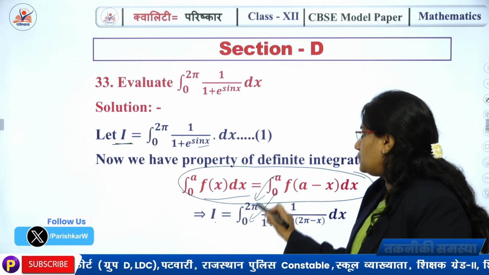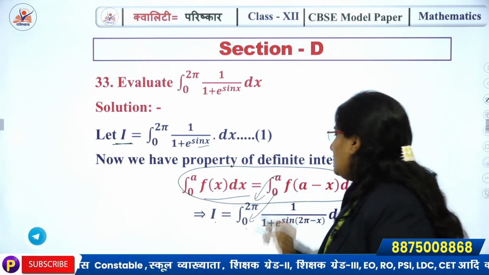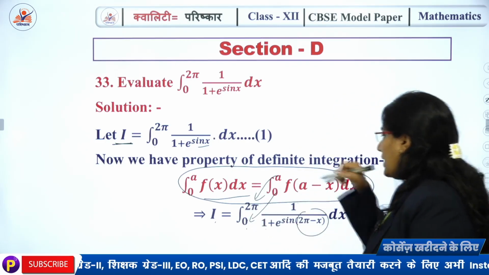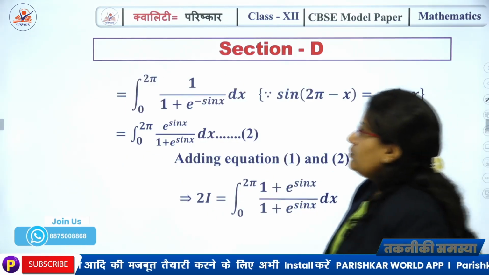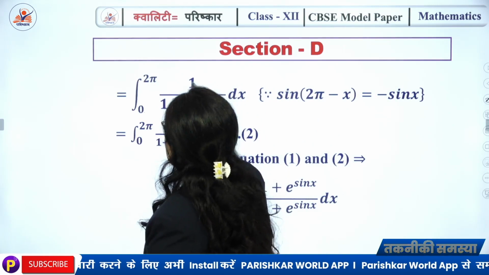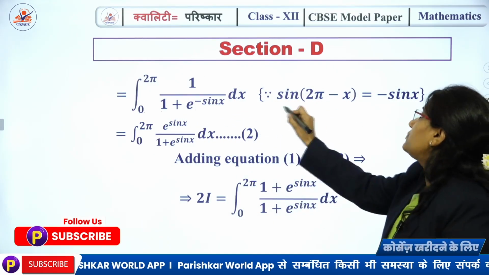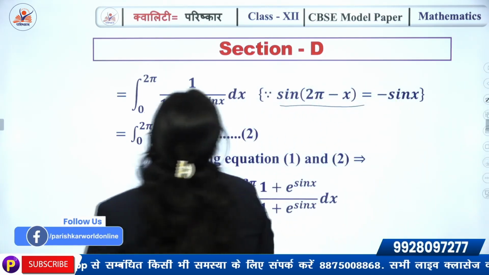I equals the integral from 0 to 2 pi of 1 upon 1 plus e raised to the power sin of, putting x as 0 plus 2 pi minus x, that means 2 pi minus x. That implies the integral from 0 to 2 pi of 1 upon 1 plus e raised to the power minus sin x, because the value of sin of 2 pi minus x is equal to minus sin x.